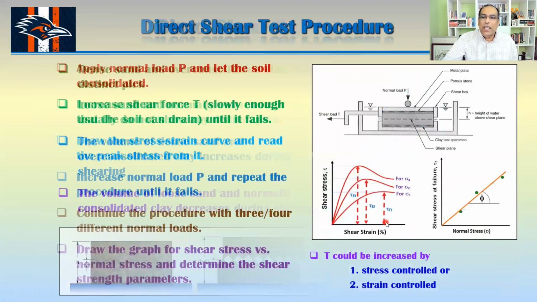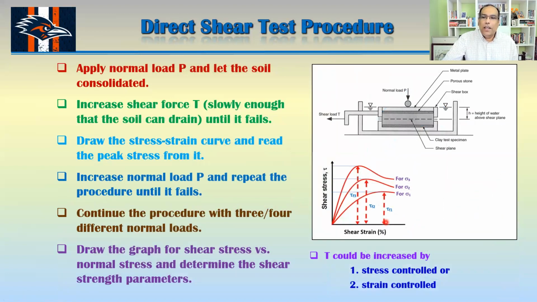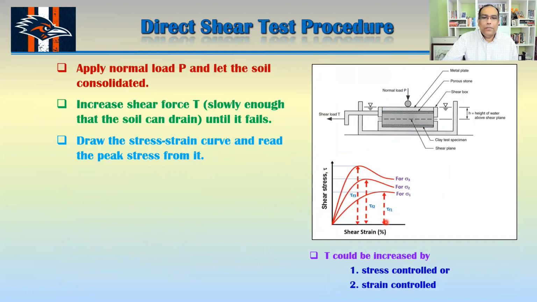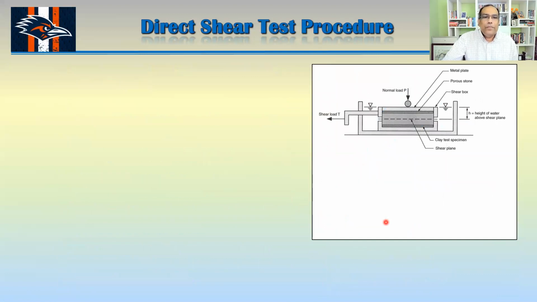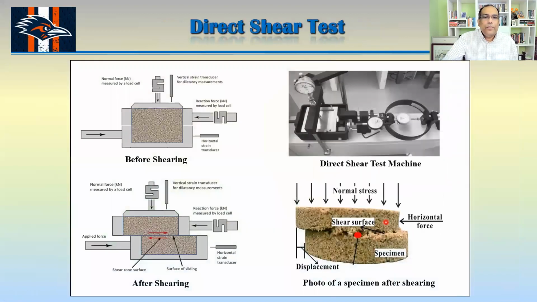If you see in this figure here, you actually measure the vertical strain. If this goes a little up, you can measure that with this transducer, which is very, very sensitive and can measure a thousandth of an inch.